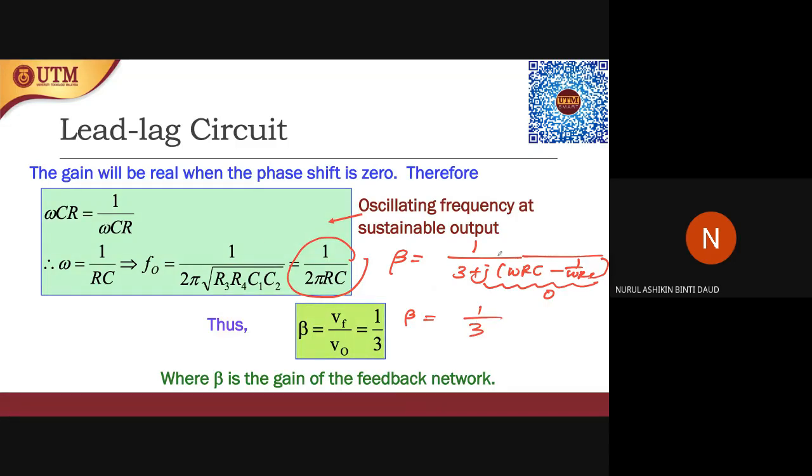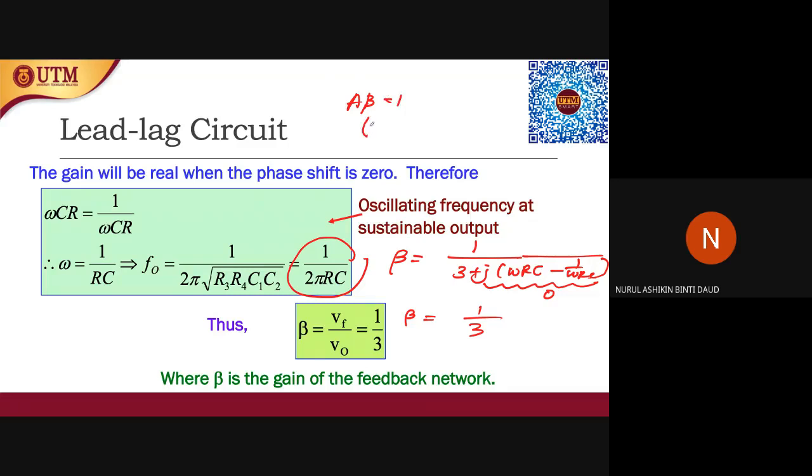So in order for the Wien bridge oscillation signal to sustain, it should fulfill the Barkhausen criteria again, which is gain A times gain beta equals 1.